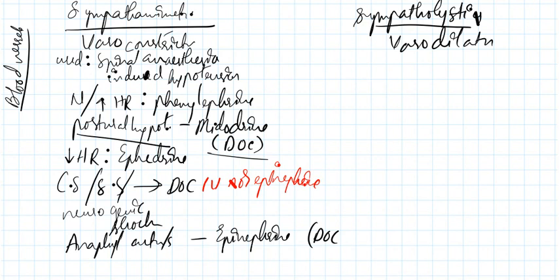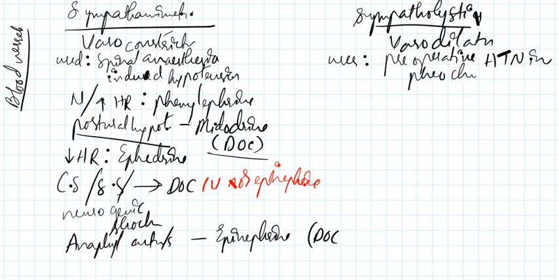Now, what are their uses? As preoperative, they can be used in preoperative hypertension that is caused in pheochromocytoma. For example, a patient with pheochromocytoma is undergoing surgery. So, preoperatively you can give sympatholytics.